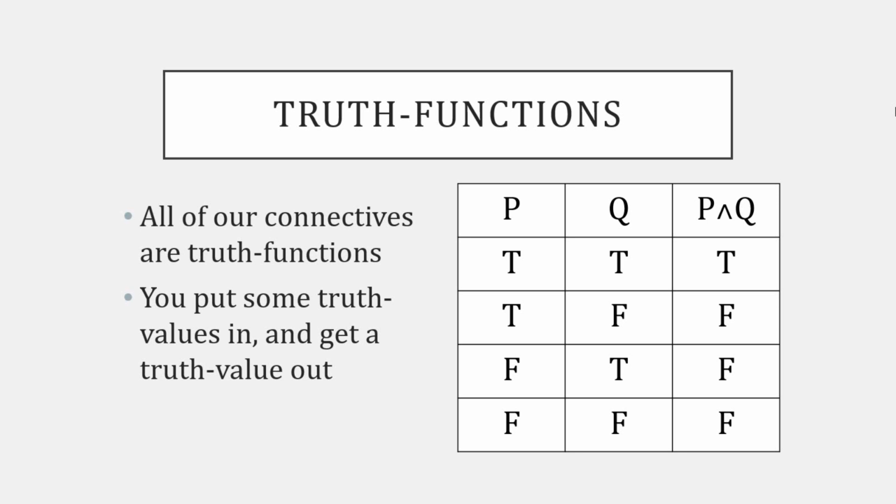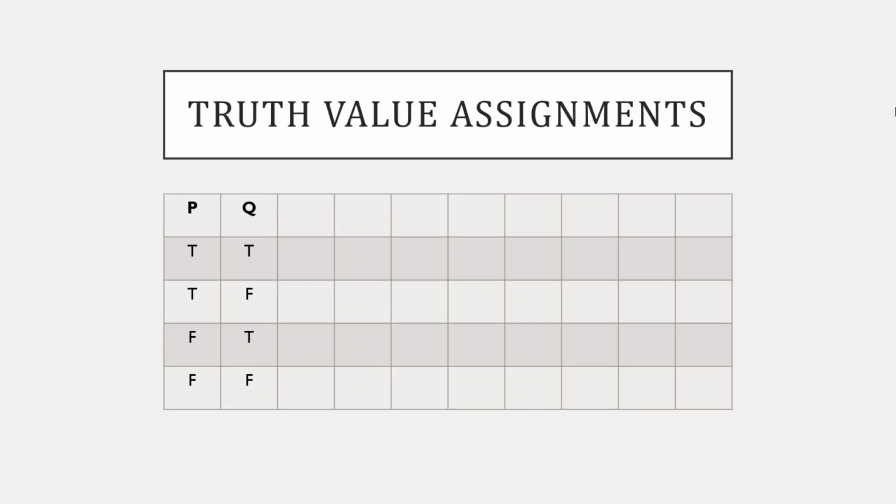So this is true of all of our connectives, and these are the basic building blocks that we're going to use to build our truth tables about larger sentences. So the basic outline of a truth table is as such. We're going to start with what are called truth value assignments. That is, we're going to start with a table of all of the possible assignments of truth values to the atomics.